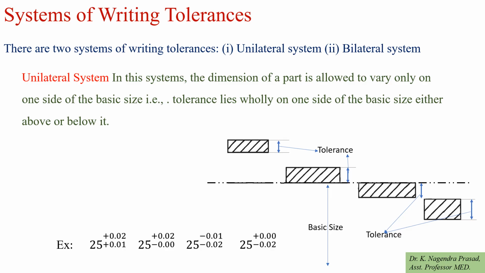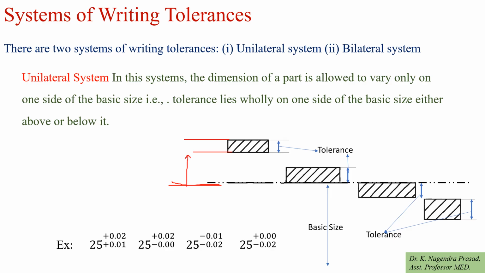Let's consider the basic size is 25 mm. If you consider the maximum size as 25.02 and the minimum size as 25.01, here the dimension of the part is varying only above the basic size.